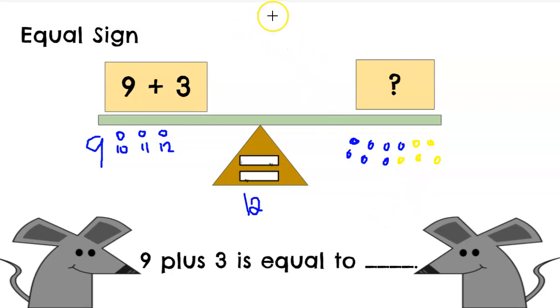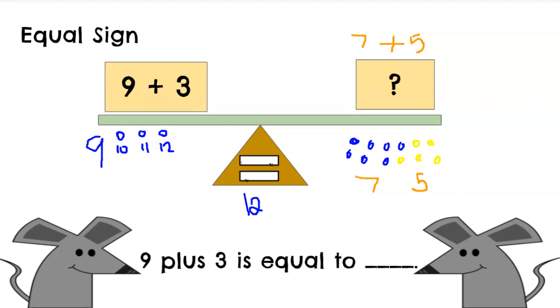So let's see what I use. I use 1, 2, 3, 4, 5, 6, 7. And then I use 1, 2, 3, 4, 5 yellow. So that means that my equation is 7 plus 5.